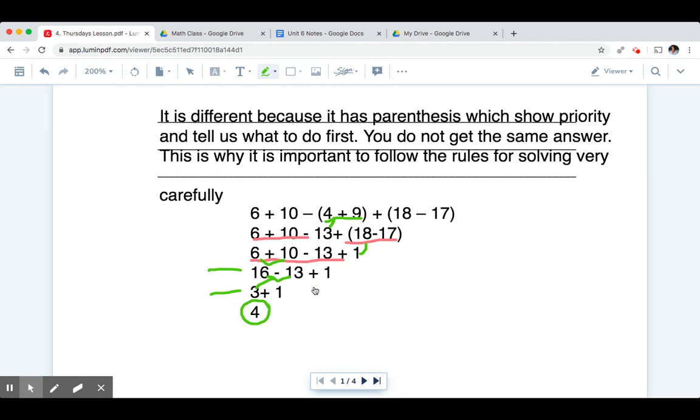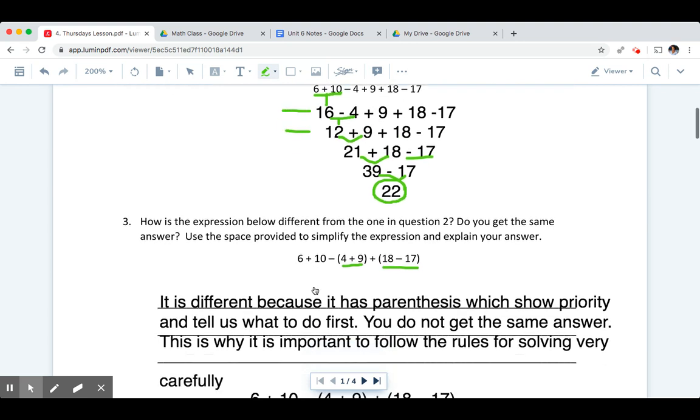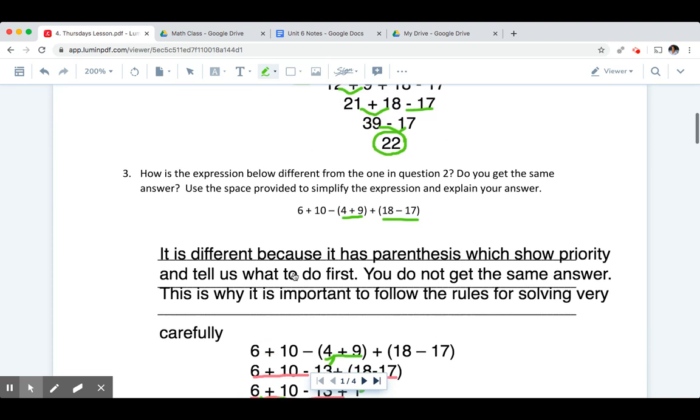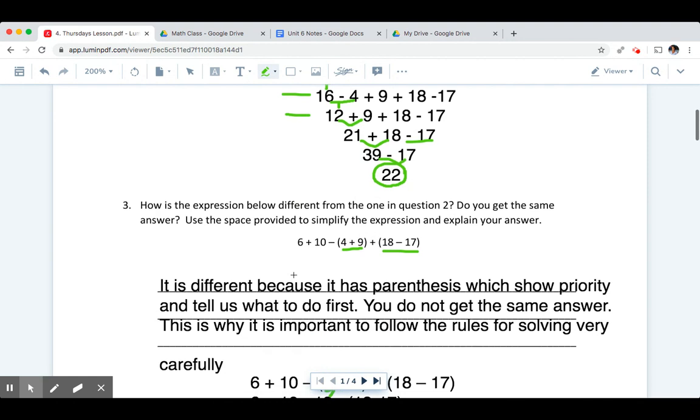Notice that we do not get the same answer as we did for number 2, showing us just how important parentheses are and how important it is to follow the rules for solving very carefully. Because if you ignore the parentheses and don't solve them first, you'll get the incorrect answer. So even though the two expressions had the same digits, because one had parentheses and one didn't, we ended up with very different answers.